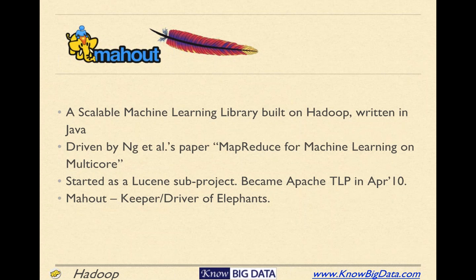It's basically a machine learning library, written based on a paper by Ng et al., MapReduce for machine learning on multicore. It started as a Lucene sub-project, became the Apache top-level project in April 2010. Literally, the meaning of Mahout comes from Hindi. It means a keeper or the driver of the elephants.